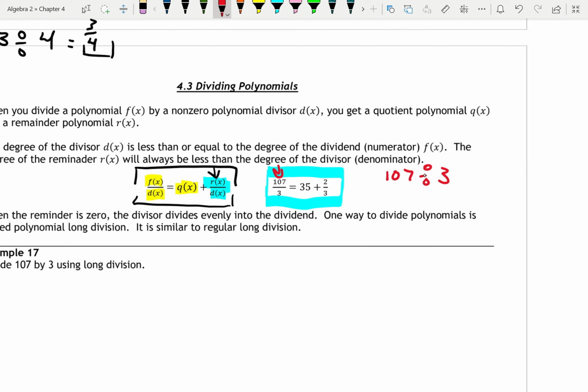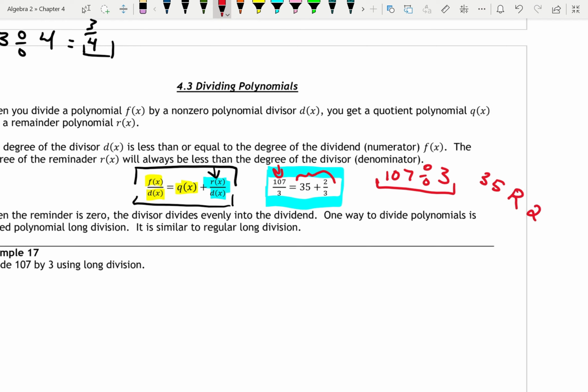So we would make a mixed number like we did in 8th grade, and we get 35 and 2/3. So whenever you think about 107 divided by 3, the answer would be 35 with a remainder of 2.